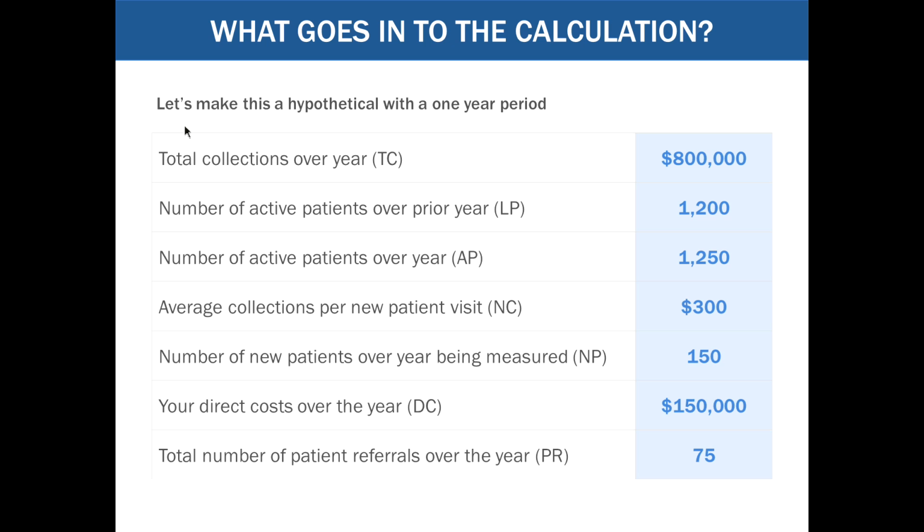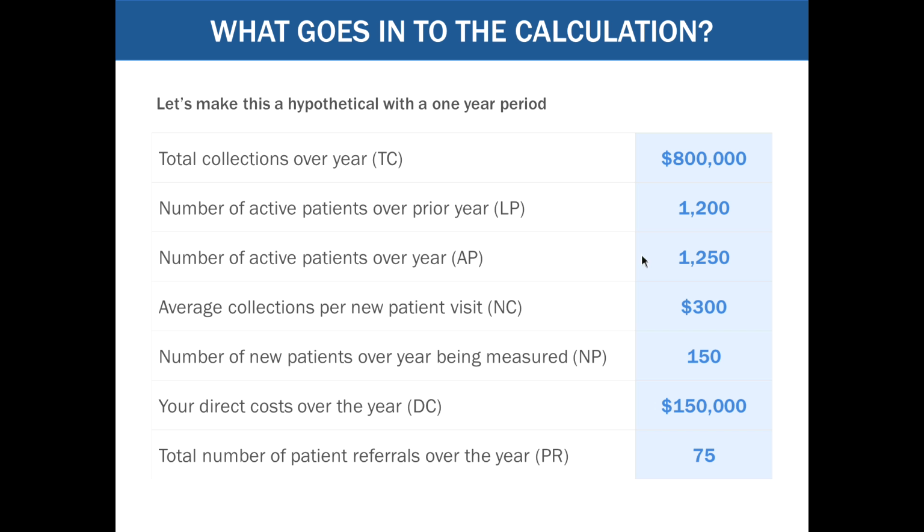It has about 1,200 active patients, 1,250 number of new patients over the year. On average, their new patient visit is a $300 service. They have 150 new patients over the year, and then they have direct costs of $150,000 over the course of the year. And finally, their patient referrals are 75 out of that 1,250.